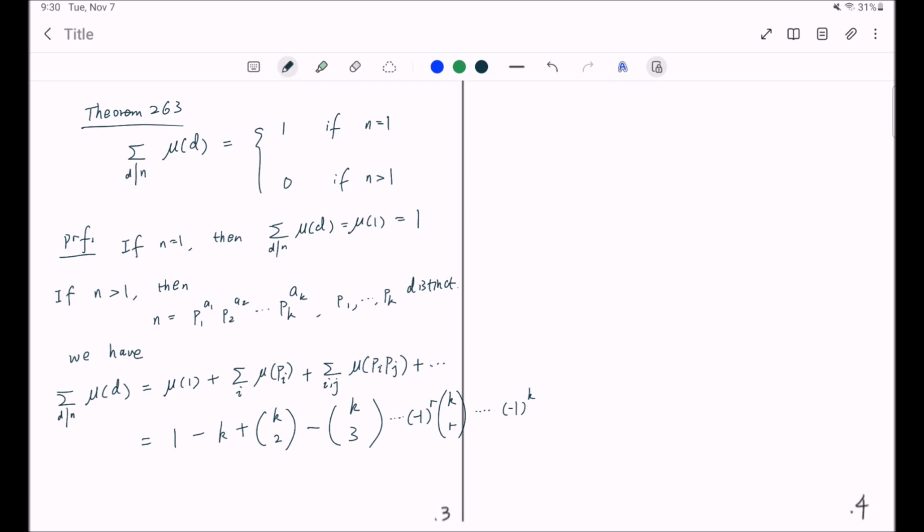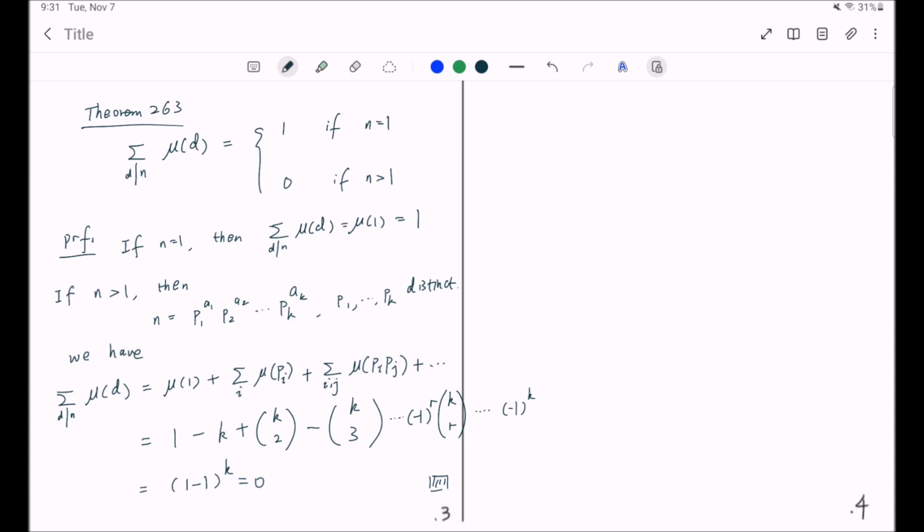This is precisely equal to, by the binomial formula, (1 minus 1) raised to the power k, which is equal to 0. Here we have used the fact that n is bigger than 1. Otherwise, there's no prime factor in n, and this argument doesn't make sense. So there are indeed 2 cases: when n is equal to 1, the sum is equal to 1. If n is bigger than 1, the sum is 0.